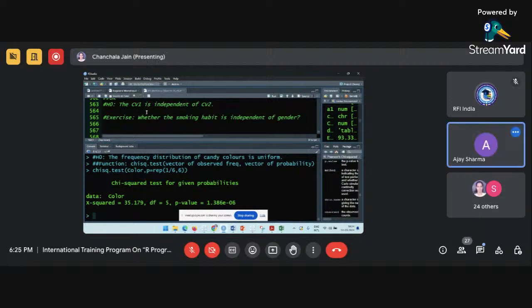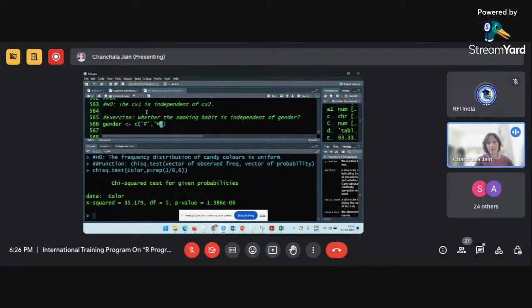So here I am creating the vectors, right? First vector I am creating for gender. For gender, I need to create a string or character vector, right?